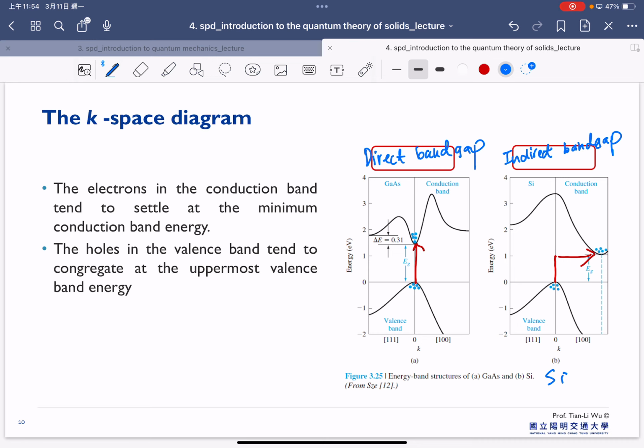But in the case of the indirect band gap, the efficiency is very low, so it's not possible to have light emission. But with a direct band gap, you can have light emission, and a very famous one is the gallium nitride based LED.